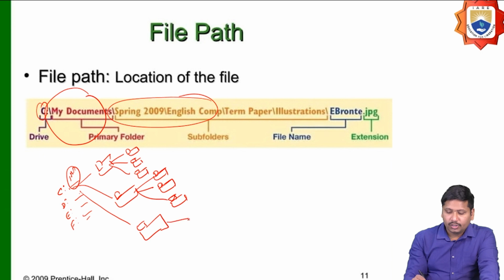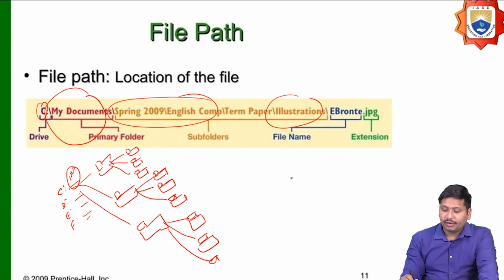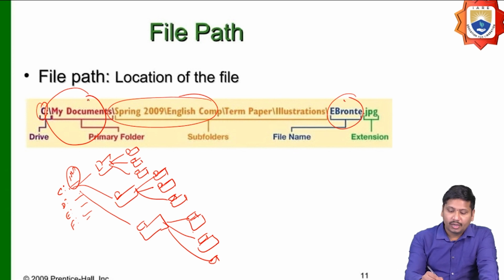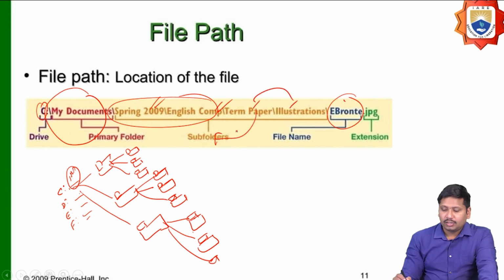Once these subfolders are identified, we have to see whether there are files or not. So the file name has to be identified. So this is the primary folder, and this is the subfolder, and these two are the other subfolders inside this subfolder.